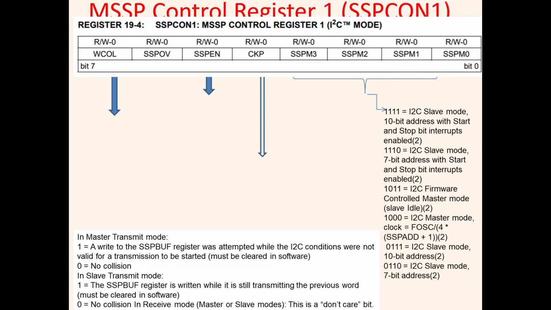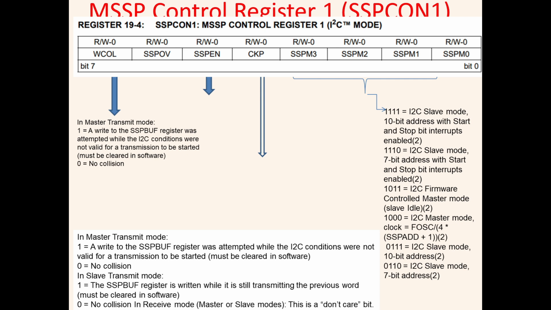Next register is SSP-Con1 register. In this SSP-Con1 register, the WCOL bit is the write collision bit. In master transmission mode, 1 indicates an attempt to write the SSP buff register while the I2C conditions are not valid. If there is no valid transmission to be initiated, it will be 0.